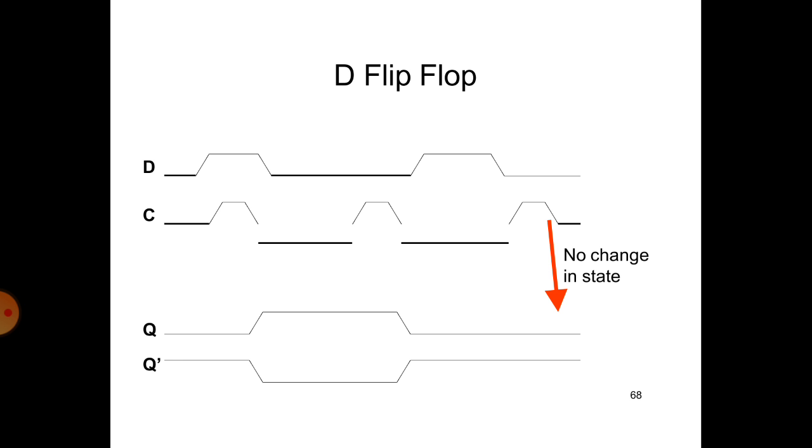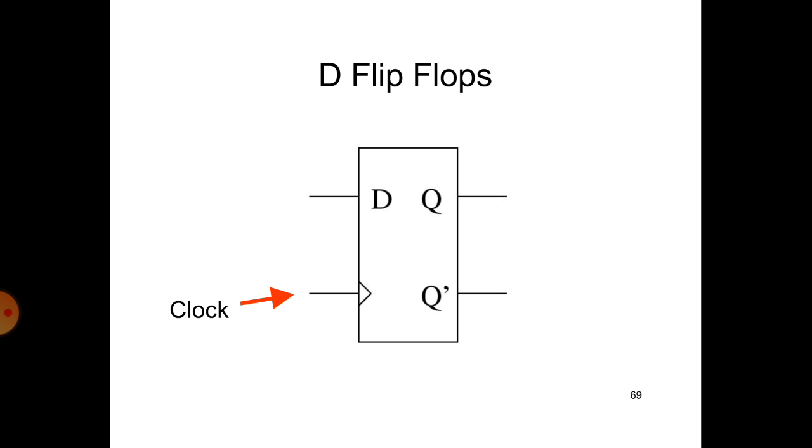D will be the input as it is and C will be the clock and Q and Q bar will be the output. So in that case there is no change in Q and Q bar state. So this is a simple block diagram of D flip-flop. Clock and D are the input, Q and Q bar are the output. So thank you.